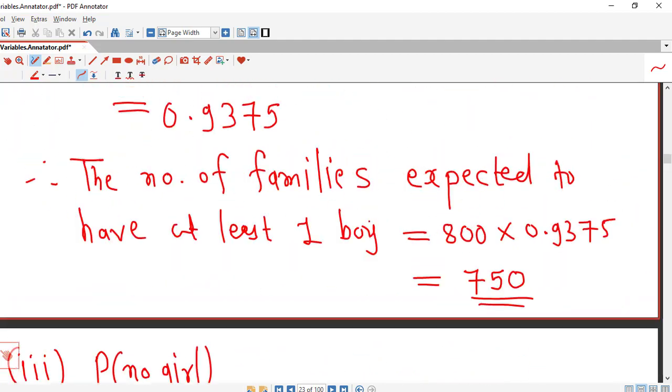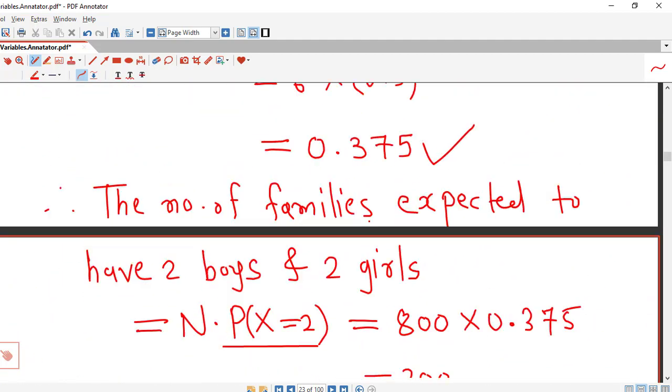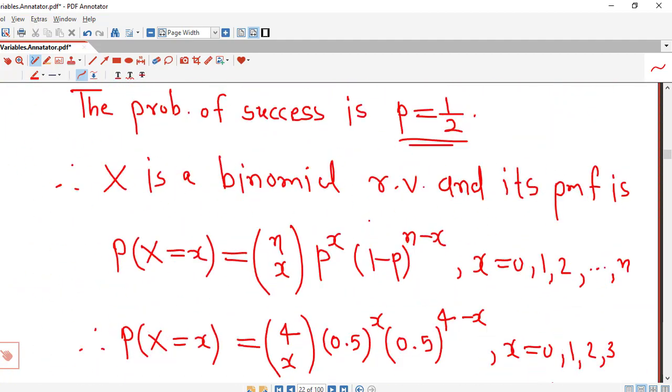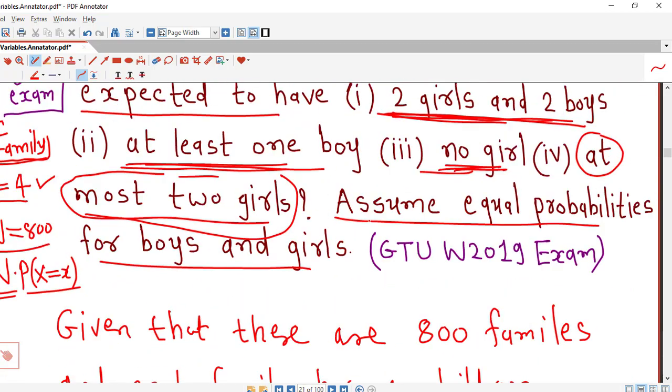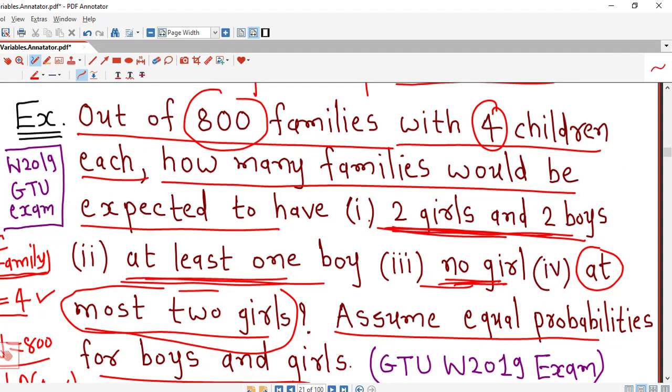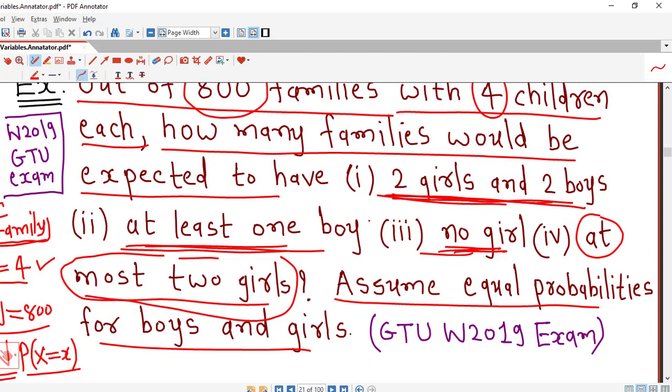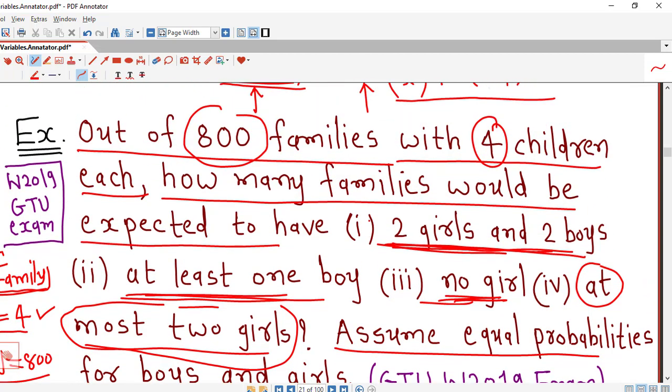Okay, so in this way we have done all the parts of this problem. What is new in this problem is we have one experiment, which is to check whether a child is a boy or girl in a single family, and there are 800 families.